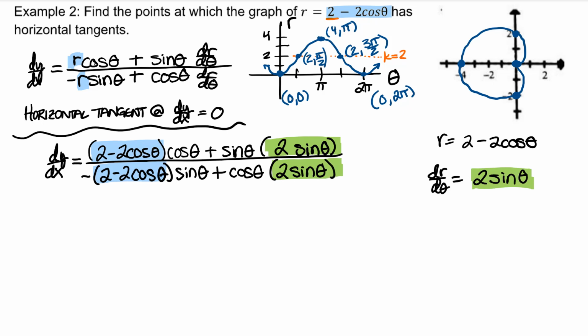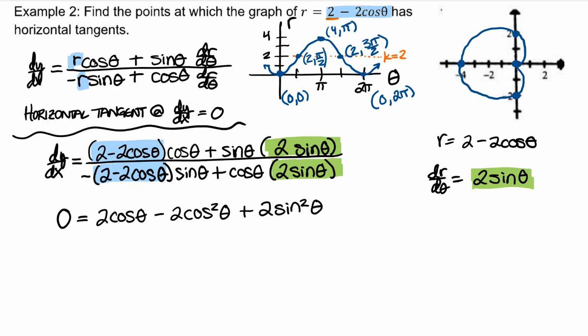Since we have dy dx, we can now make it equal to 0, which would make our numerator equal to 0. And in this step, I'm going to distribute my numerator. Here I have an equation that I need to solve that has cosine, cosine squared, and sine squared. If I could turn everything into terms of cosine or cosine squared, then I could factor.